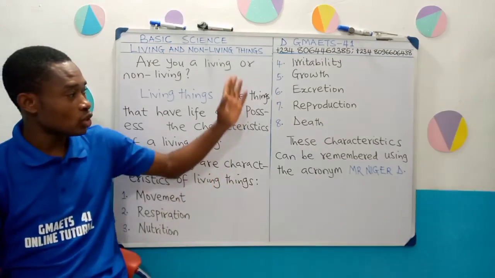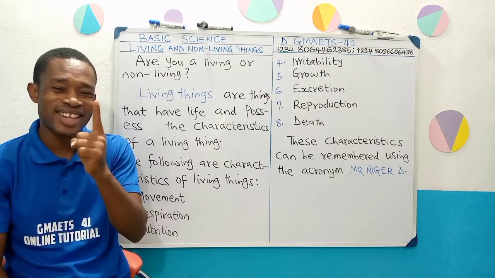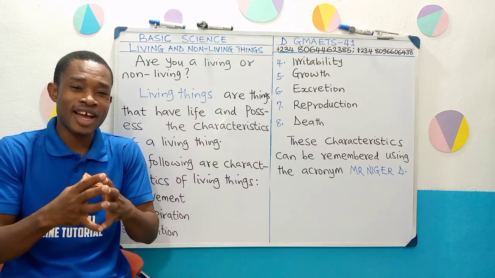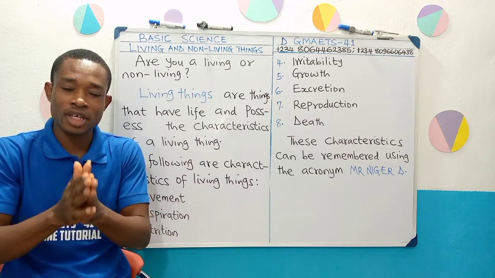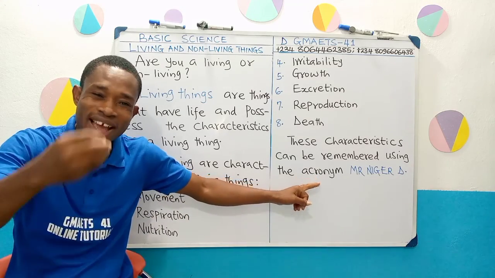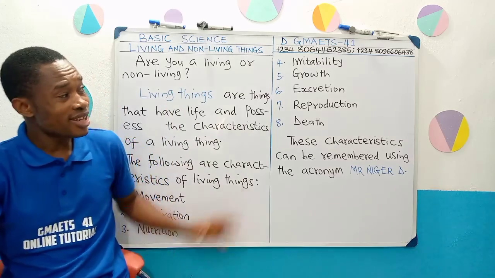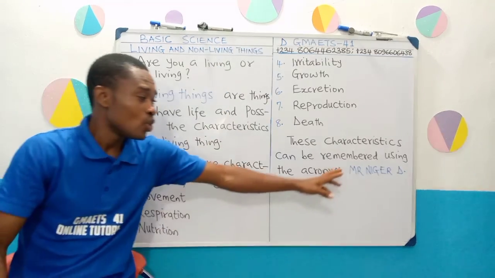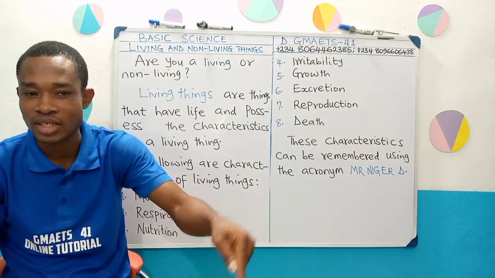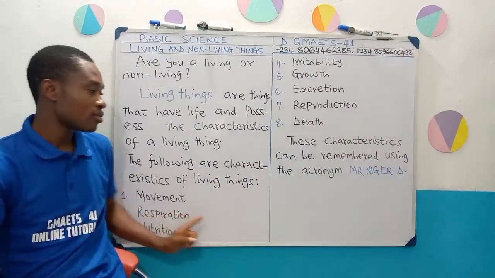Now, these 8 characteristics of living things, if you put them together, picking the first letter of each of them, it will give you an acronym. Acronym means something you do that helps you to remember what you're learning. So for the 8 characteristics of living things, we can use the acronym Mr. Niger D. This first M is movement.